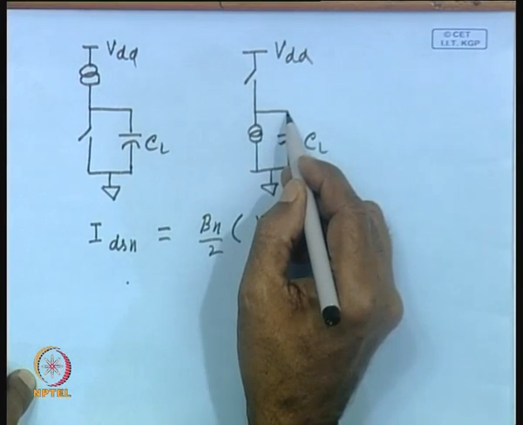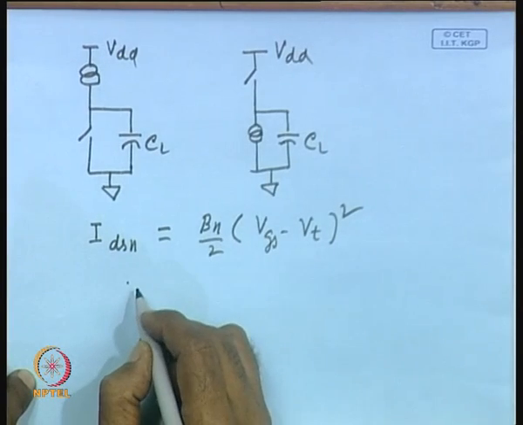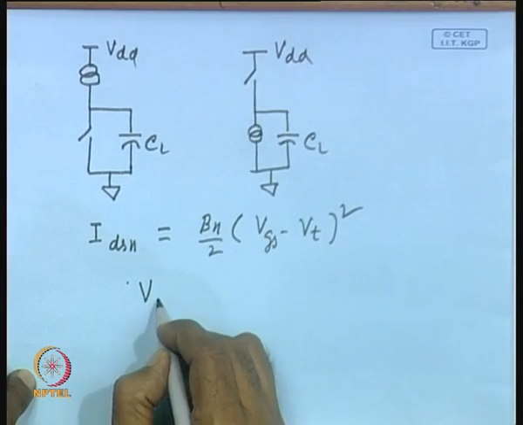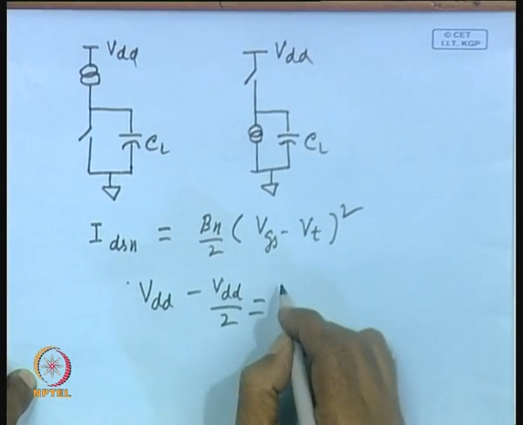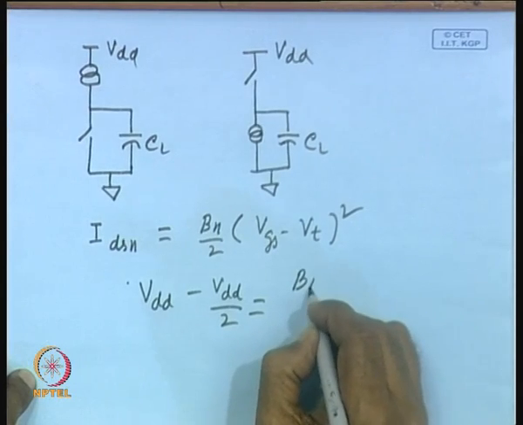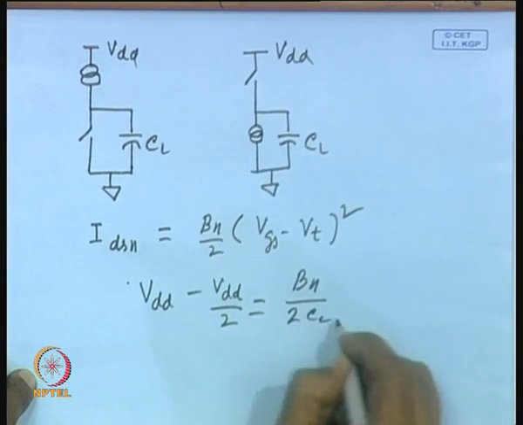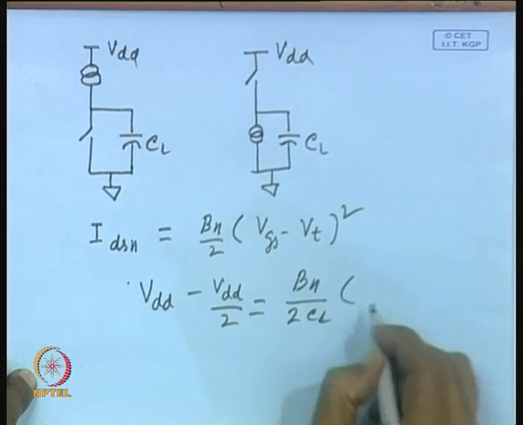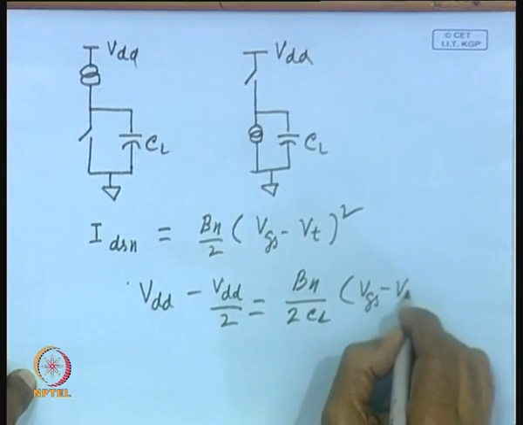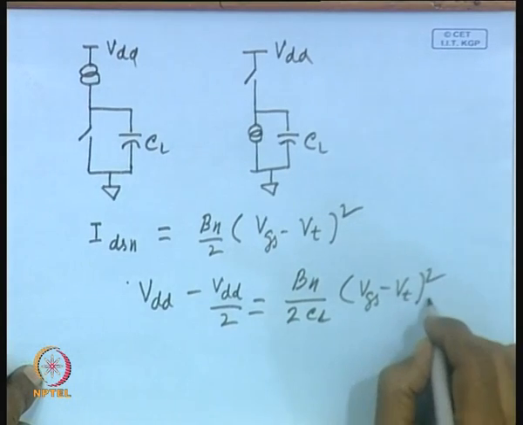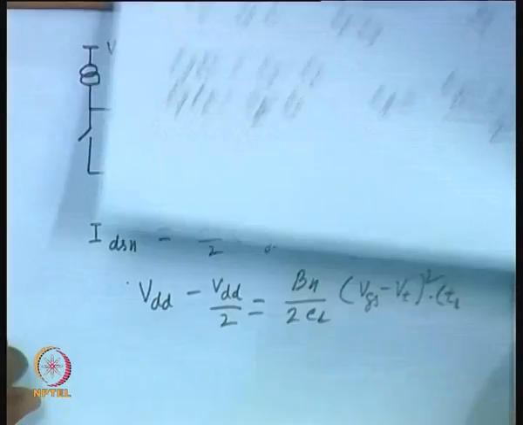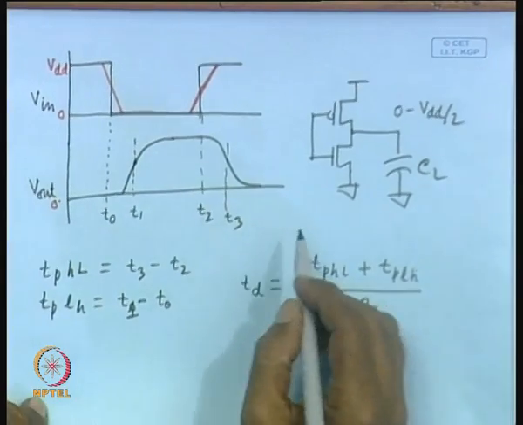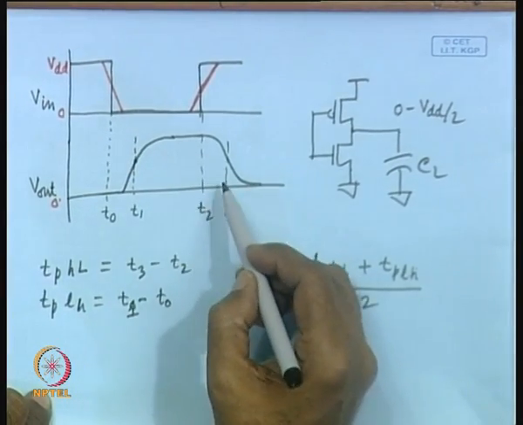Initially it was VDD, then VDD by 2. So, in this case we can say that VDD minus VDD by 2 will be equal to beta n by 2 by CL into (VGS minus VT) square into T1, I mean that time that we have shown, whenever it is high to low.